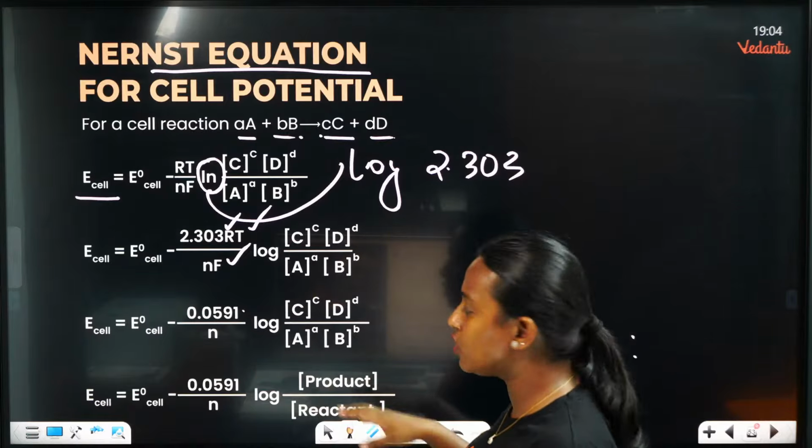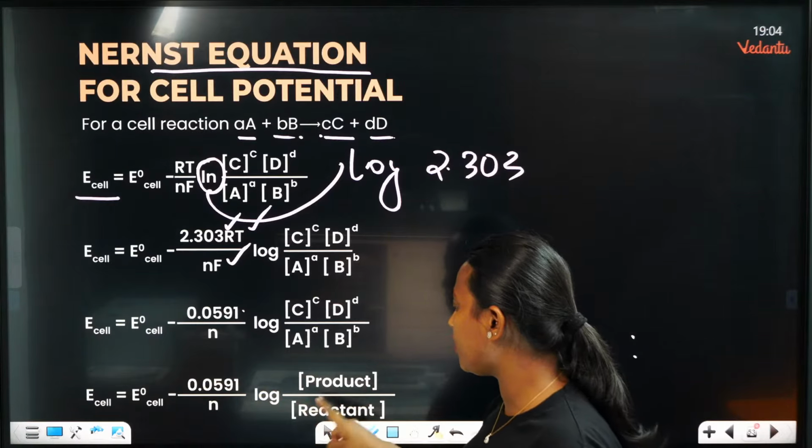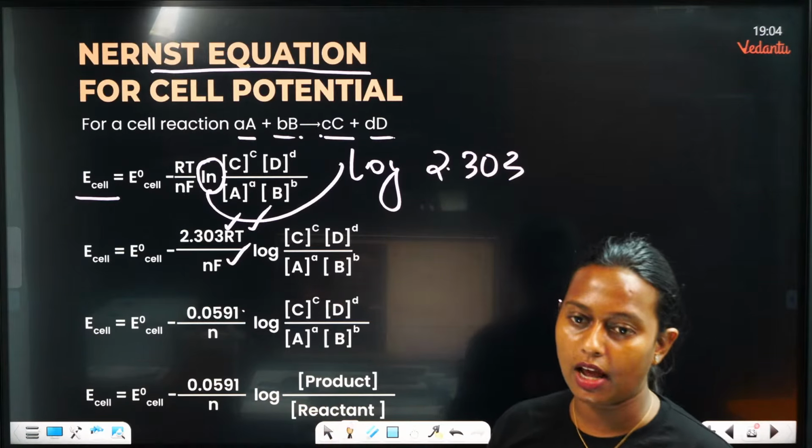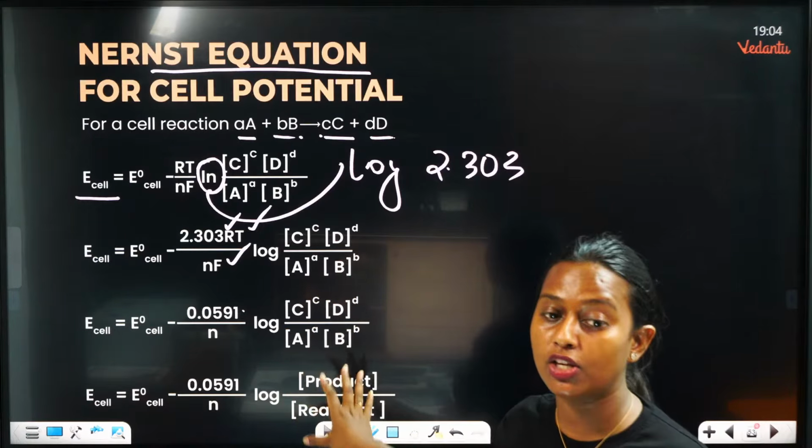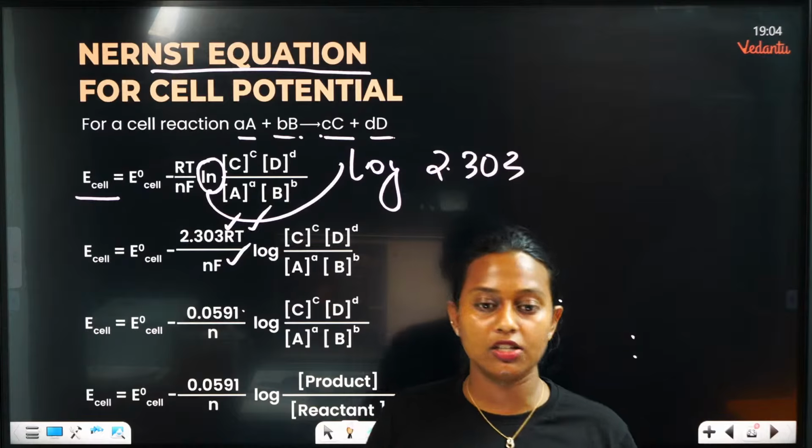So this is actually concentration of product divided by concentration of reactant. This is the Nernst equation for a cell potential.